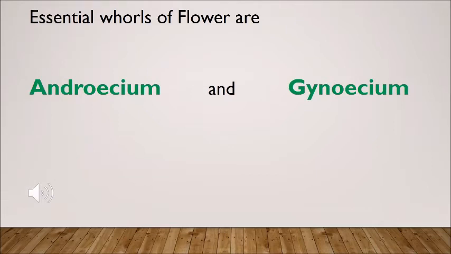Now what is androecium? Androecium is the collective term for all stamens present in a flower. Stamens represent the male reproductive part of the flower. So I repeat, androecium is the male reproductive part of the flower. A flower bearing only stamens is called a staminate flower.